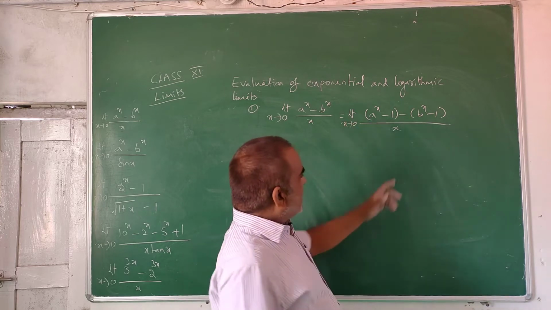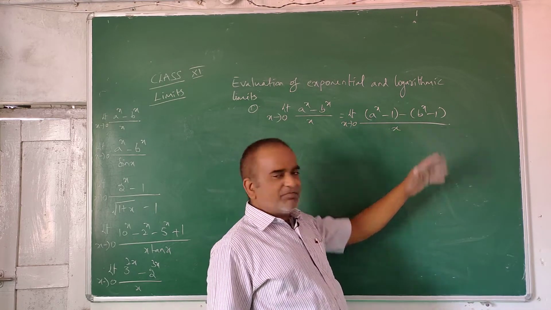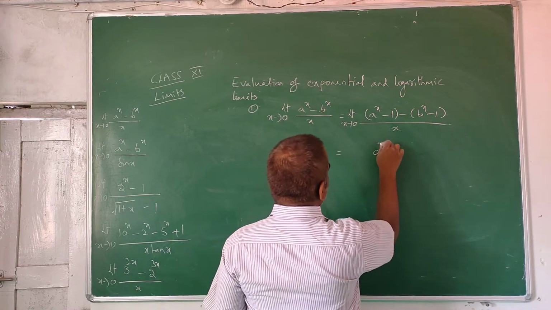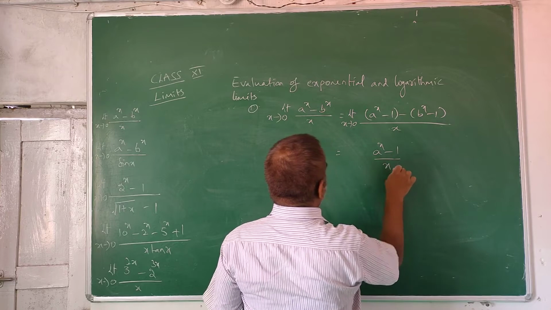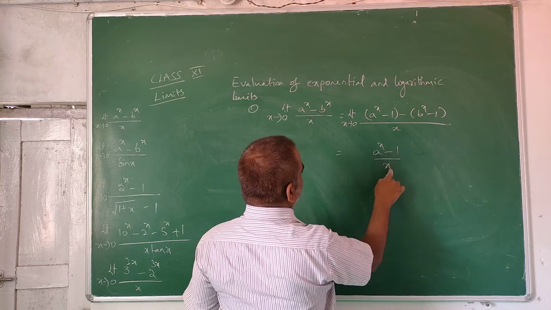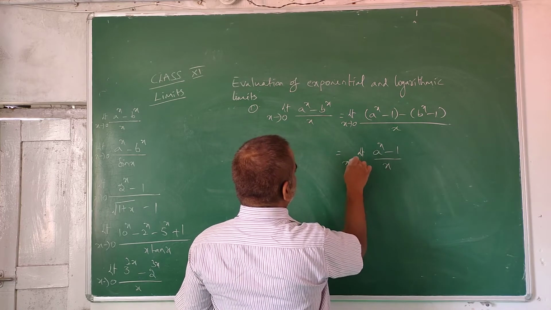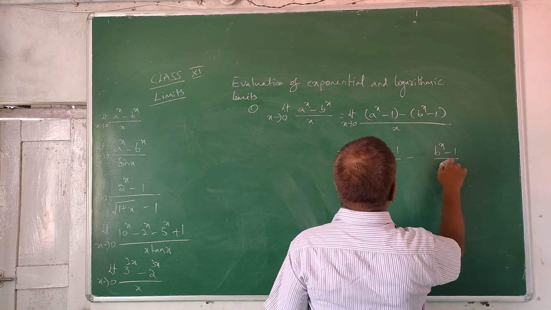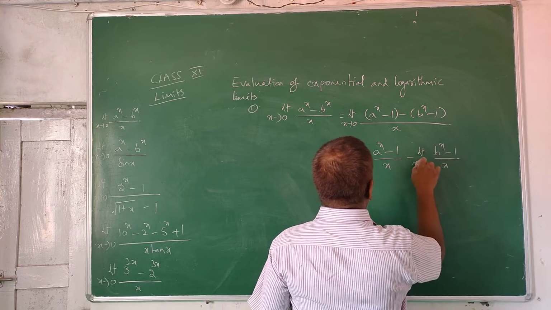We have added and subtracted 1, so it makes no difference. Then if you separate the fractions and limits, then a^x minus 1 by x, limit x tends to 0, minus b^x minus 1 by x, limit x tends to 0.